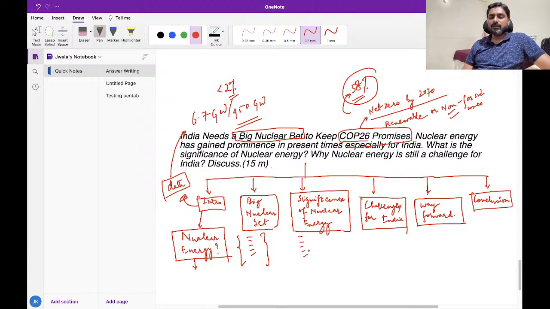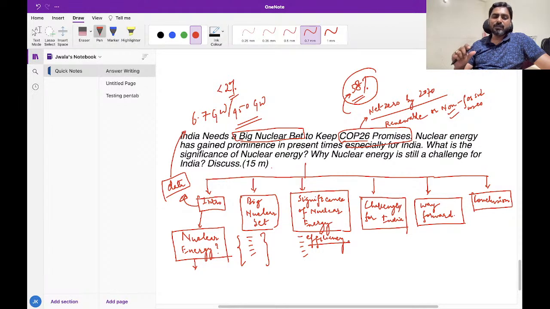So see, first of all, efficiency wise, efficiency of nuclear energy. If you talk about fission or fusion, efficiency is a million times more than conventional sources of energy, like when you burn wood or coal or petrol or diesel or gas.